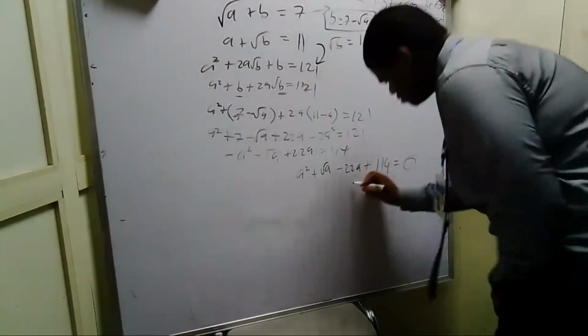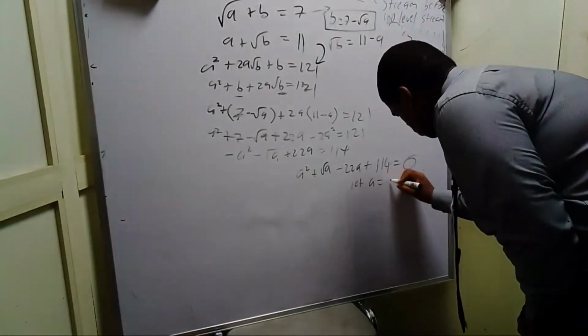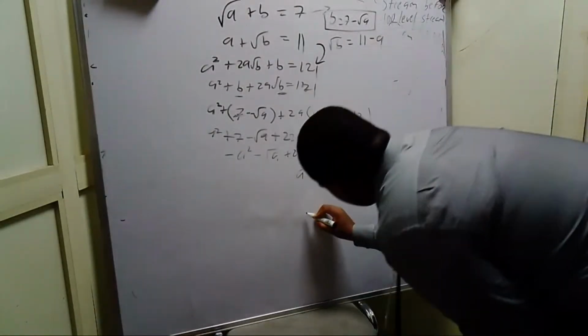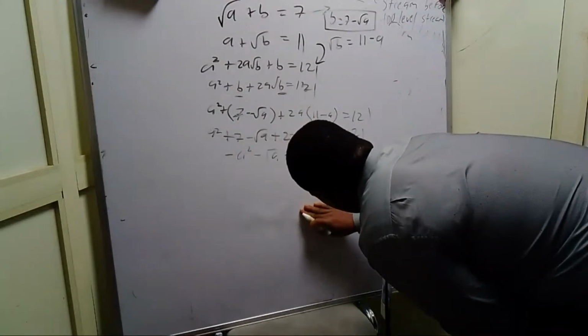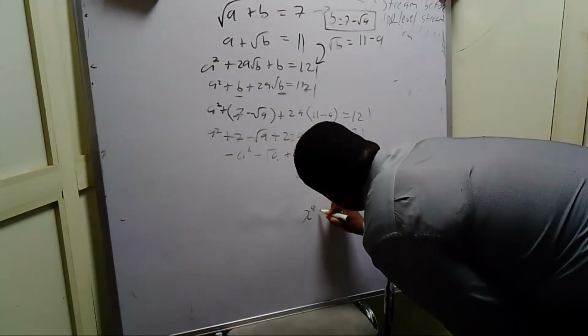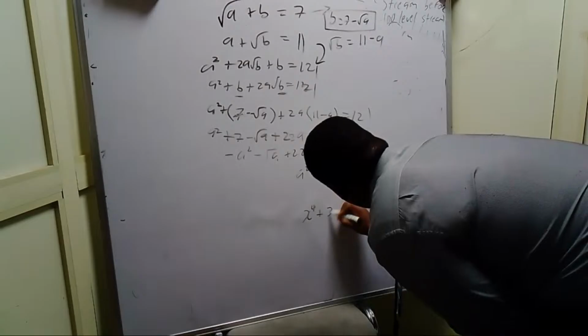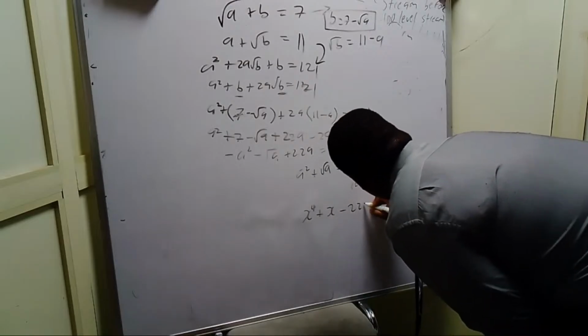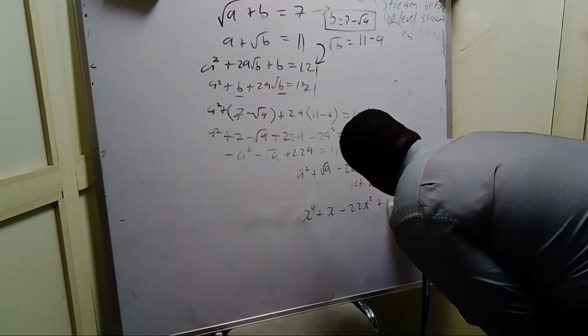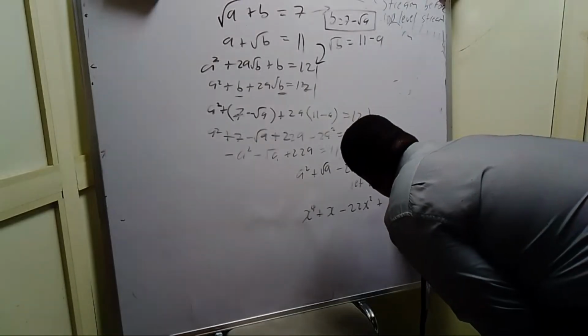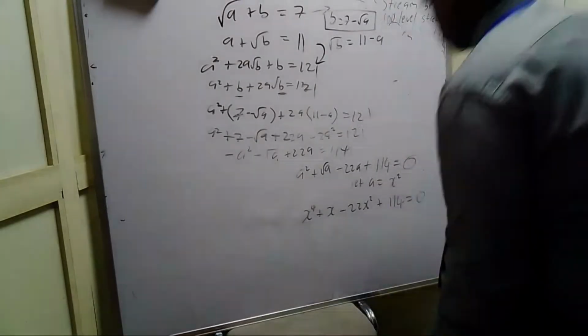If we let a equal x squared, then this will be x to the power of 4 plus x minus 22 x squared plus 114 is equal to 0.